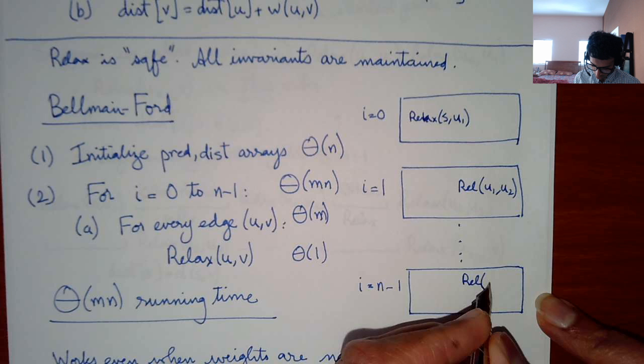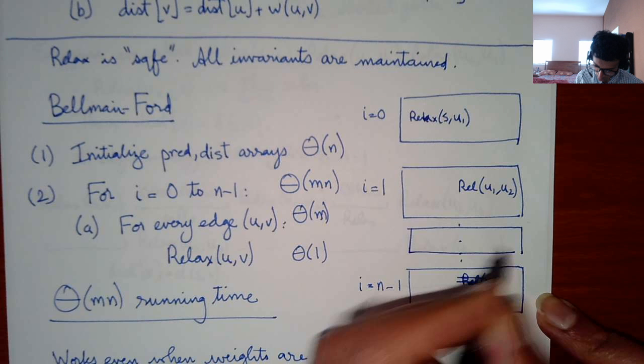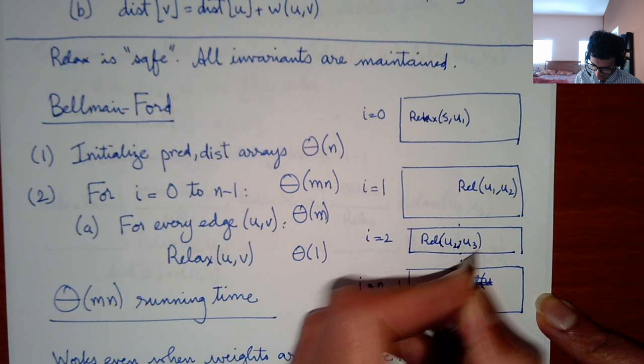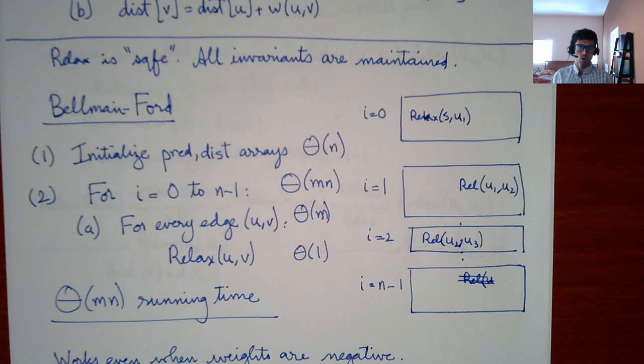Let's look at the i equals 2 block. Somewhere over here there's going to be a call to relax U2,U3. And so because we do this n minus 1 times, we are guaranteed to call those relax operations in that order. We're going to do many more calls than we need, but that's okay. We are guaranteed to call the relax operations that I stated over there in that order for every shortest path from S.